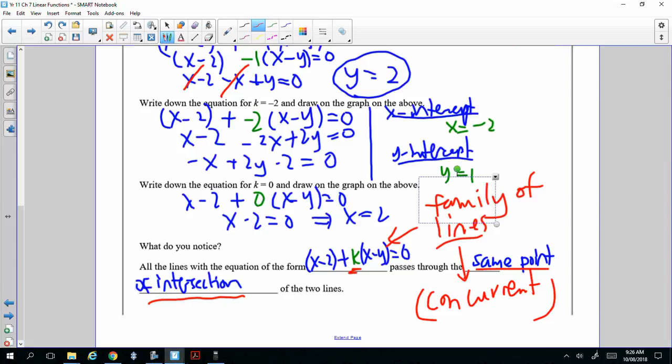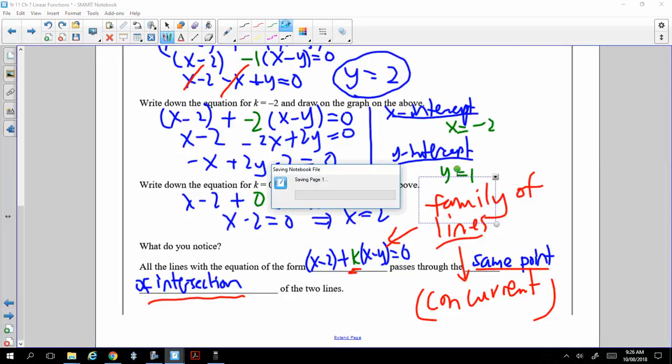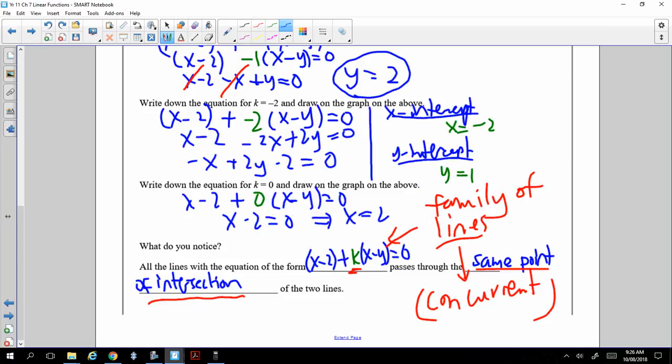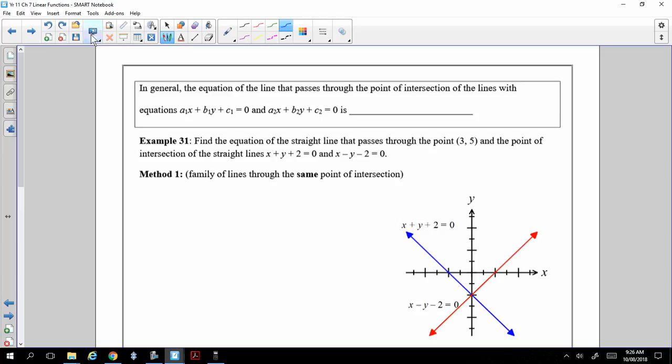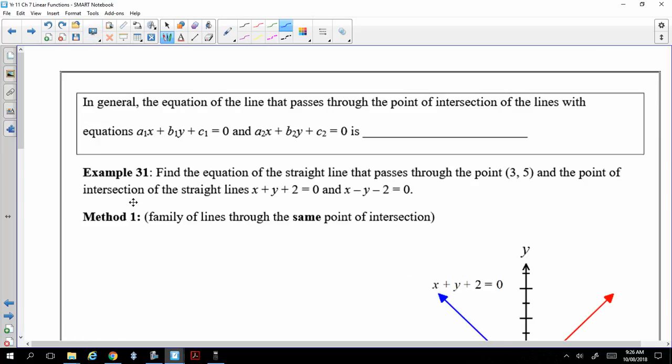Okay, all right, let's try. Let's write down inside the box on the next page. Okay, let's go to the next page. All right, good. So basically in general, the equation of the line that passes through the point of intersection of the lines. So these are the two lines in general form. They have to be in general form.